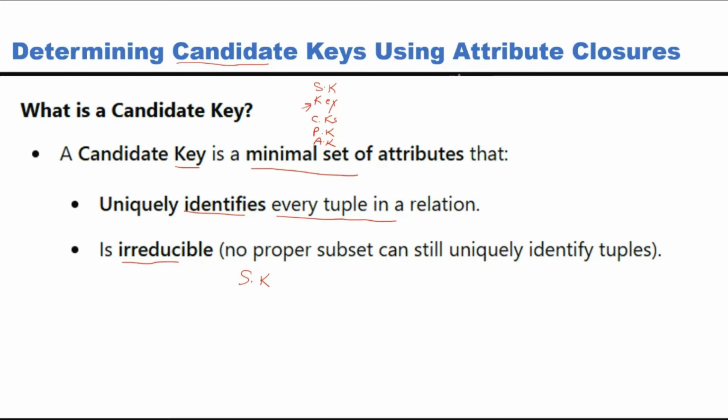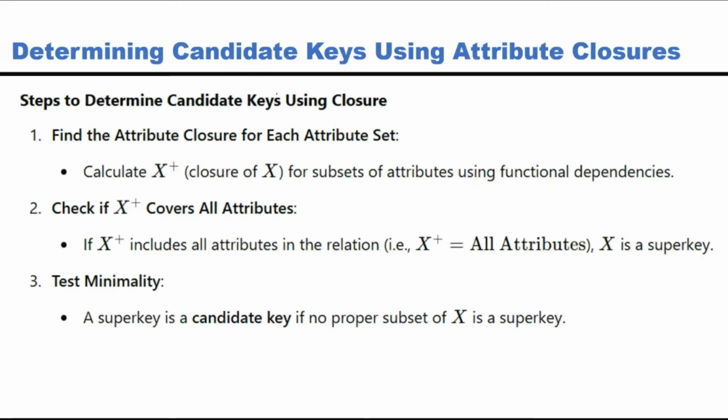The main thing is that the attributes are required, and from the attributes we can find the closures. And what is required for the closure? Functional dependencies are required. Let's first see the algorithm, a simple systematic step to find the candidate key using closure. First, find the attribute closure for each attribute set.